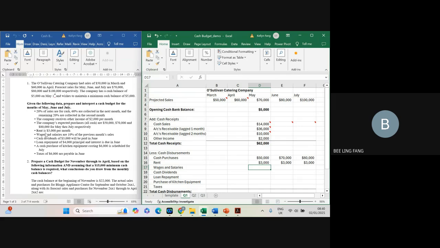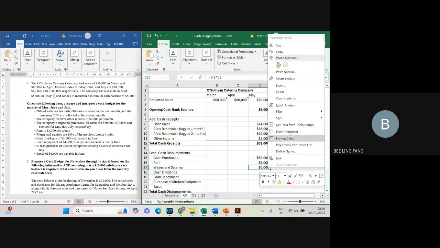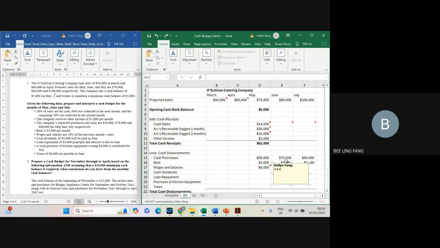Okay, wages and salary, 10% of the previous month's sales. So you have to calculate based on the previous month, right? 10%. Previous sales.